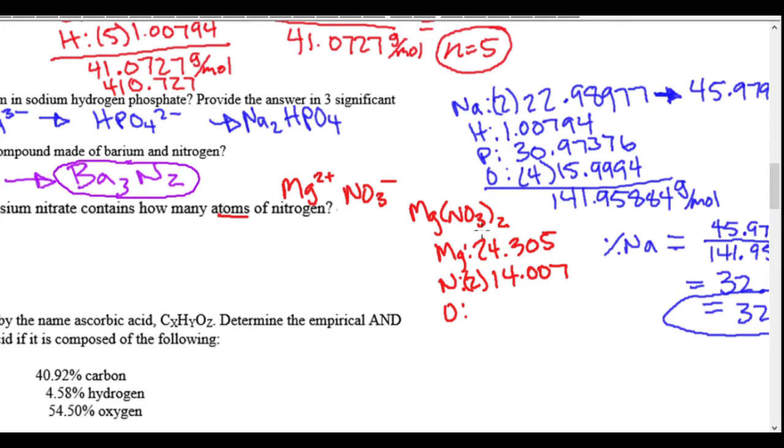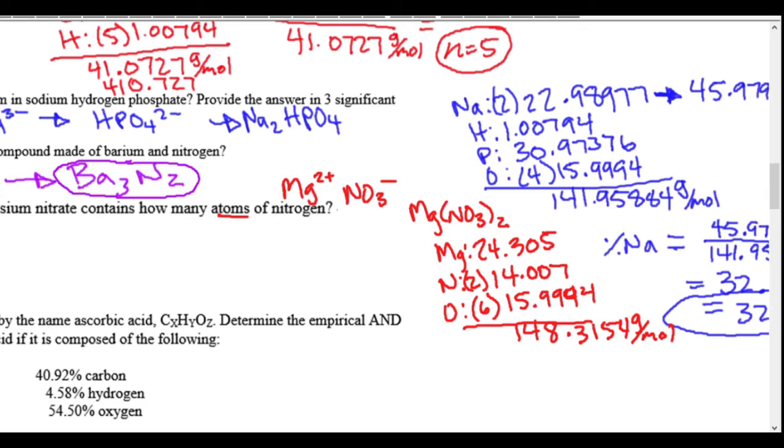Oxygen, there's 6 total oxygen here. That's a place that people will tend to make mistakes. So make sure you remember that. There should be 3 9s. When you add all of this up, you get a total mass of 148.3154 grams per mole.